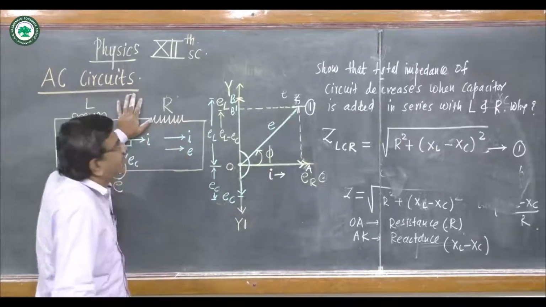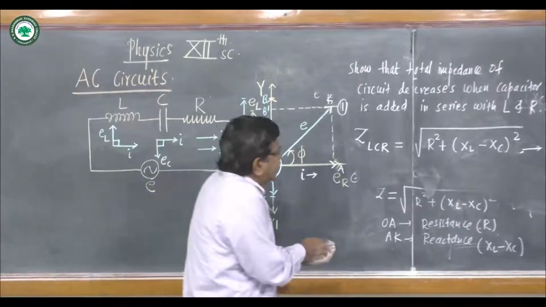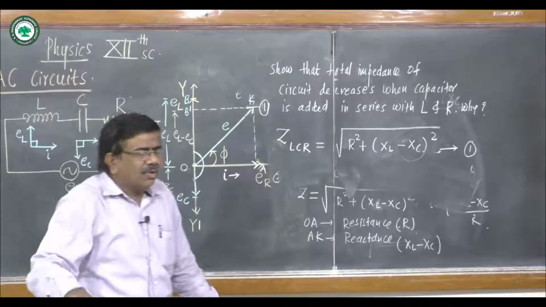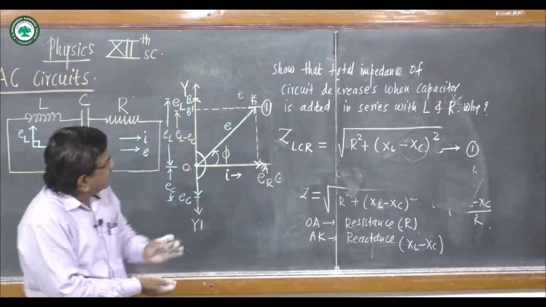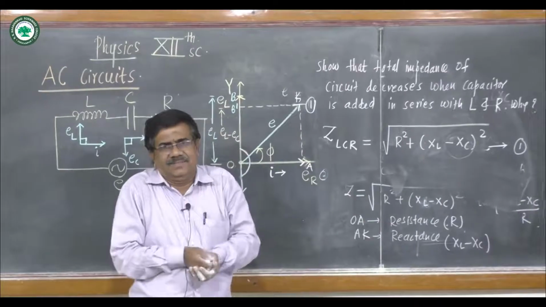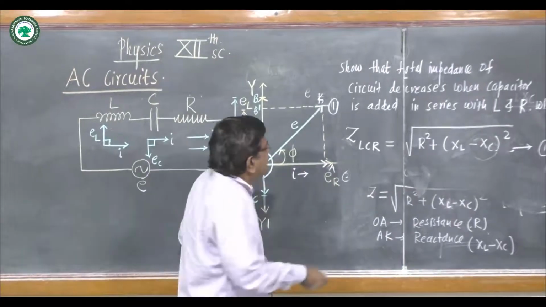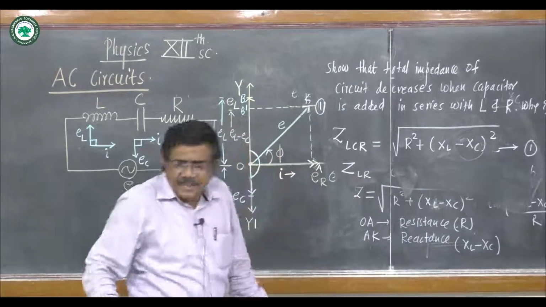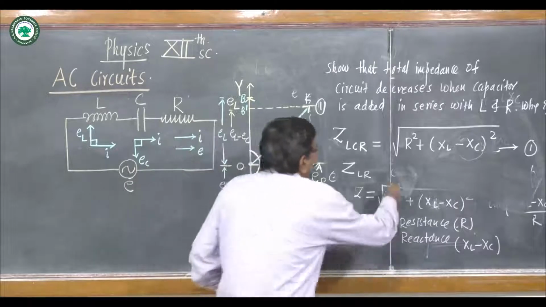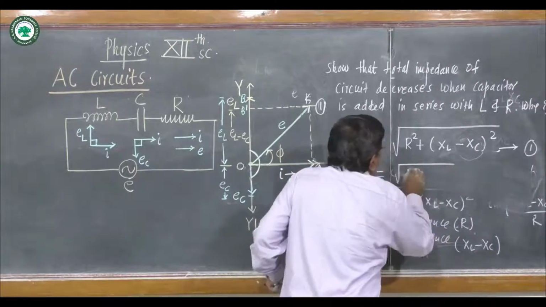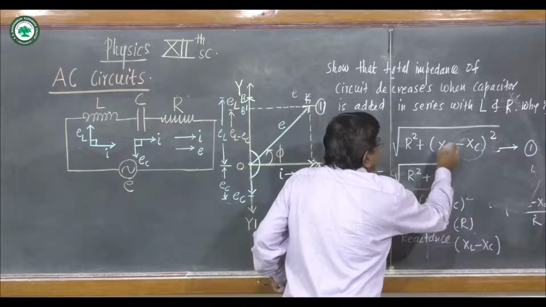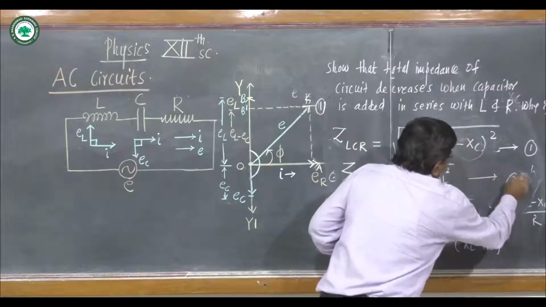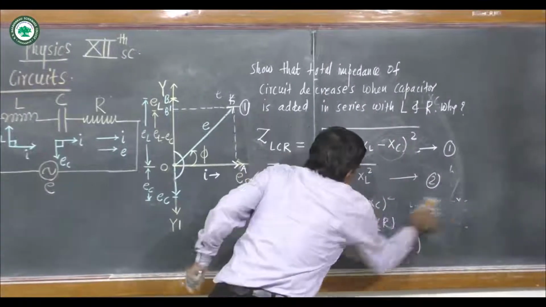When the capacitor is absent, there is no XC. So if the capacitor is not there, the circuit contains only inductor and resistor, and for such a circuit the impedance ZLR will be the square root of R square plus simply XL square, as the capacitor is not there. Suppose this is equation 2.